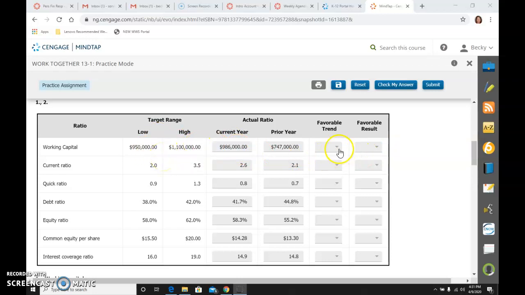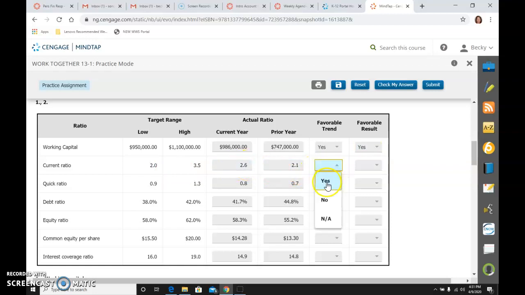Okay, so for working capital, it is going up. That is the trend. That is a good thing. It is at 986,000. That is between our low and high, so that is a good thing. Our current ratio, it is going from 2.1 up to 2.6.